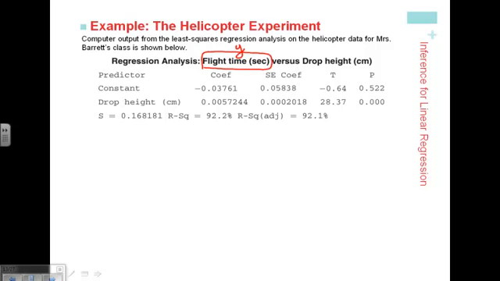The thing listed here, that's our x, our explanatory variable. In this case, we believe that by varying the drop height, we are forcing the amount of time that the helicopter falls to vary. On your calculator, they just call them X and Y.